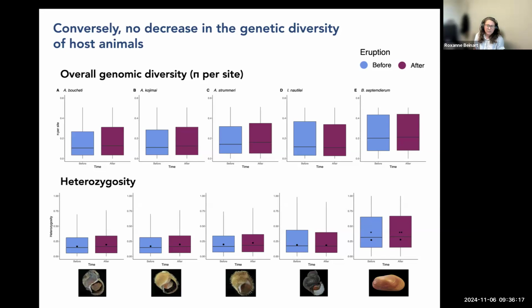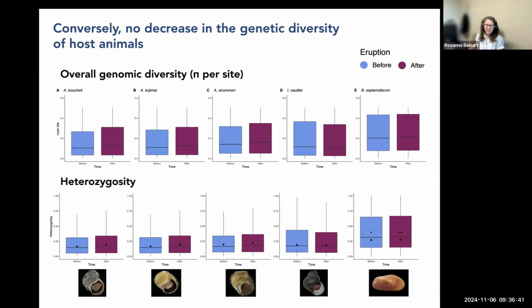And what we're seeing here is that there's no significant decrease in the genetic diversity of the host animals. And again, this makes sense. We knew that their populations were more homogeneous, although significantly affected, but we're not seeing the loss of very specific genotypes through this eruption. And so it does seem like the symbiont diversity has taken a real hit.